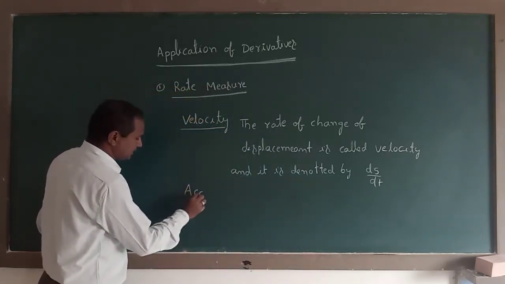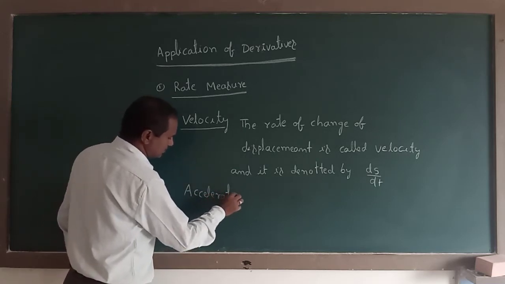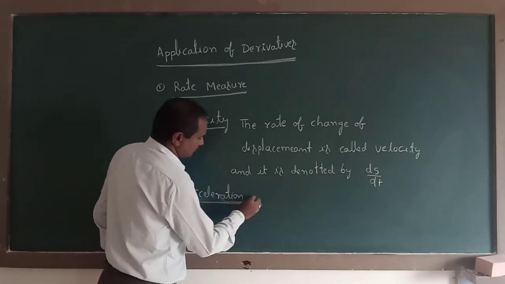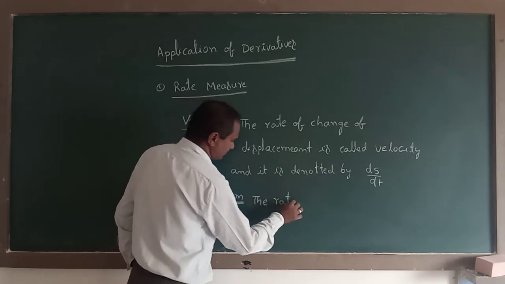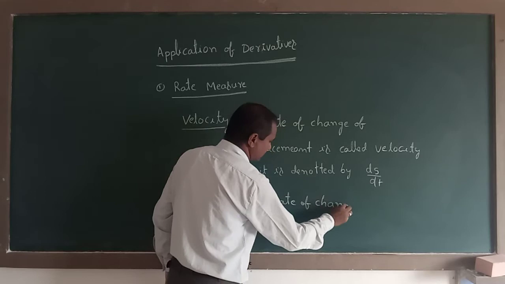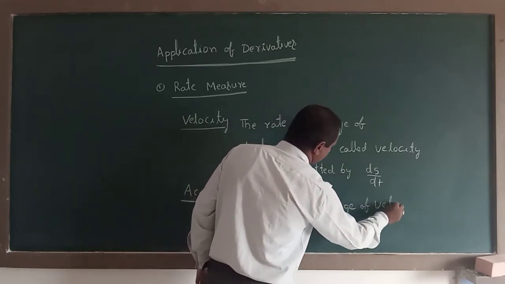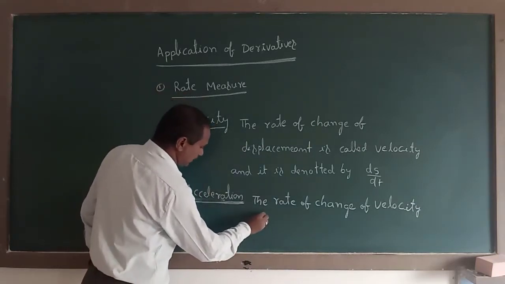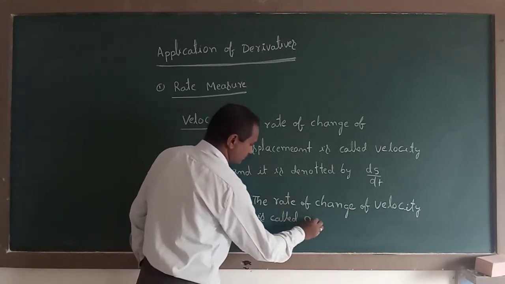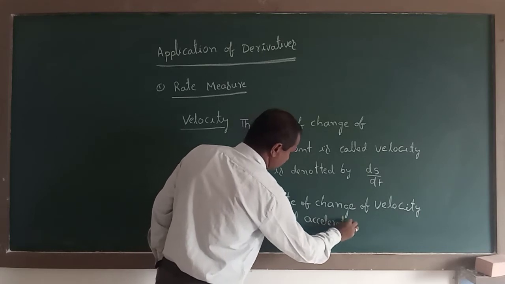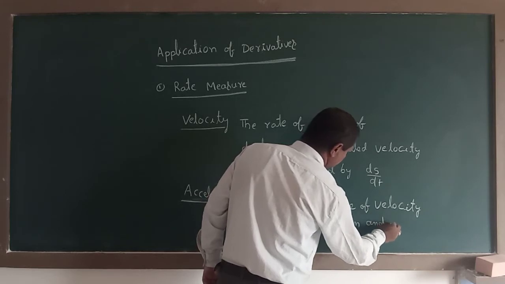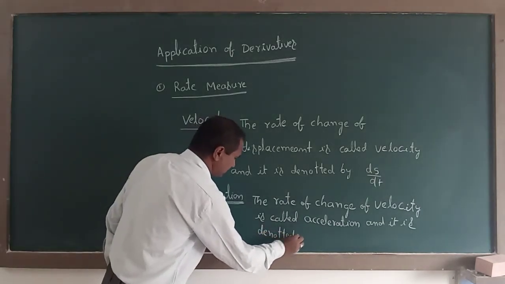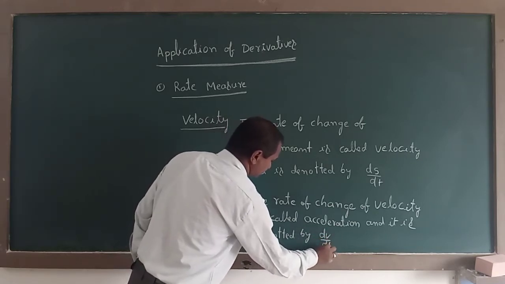Acceleration: the rate of change of velocity is called acceleration, and it is denoted by dv by dt.